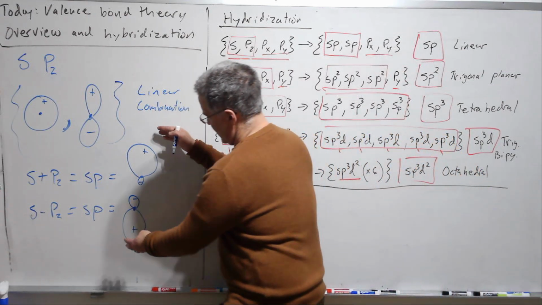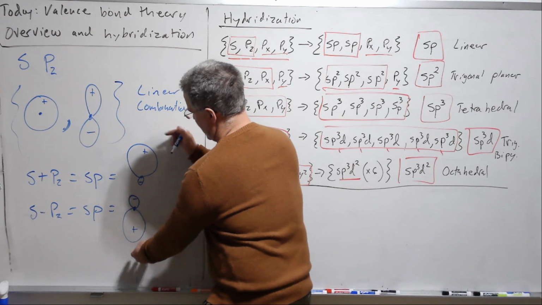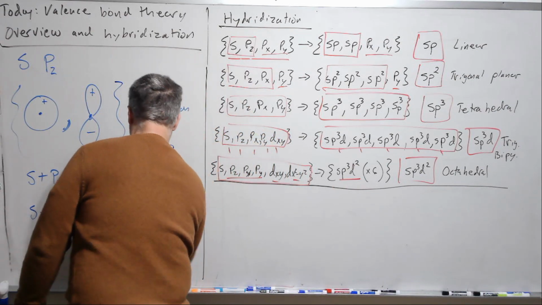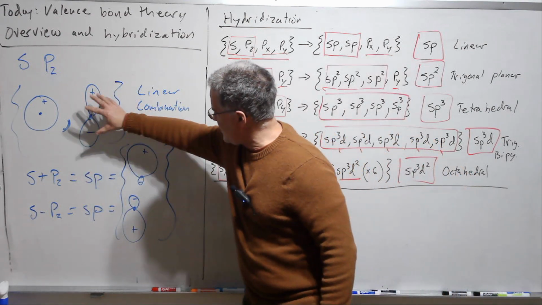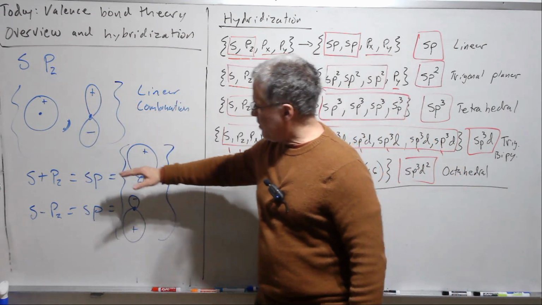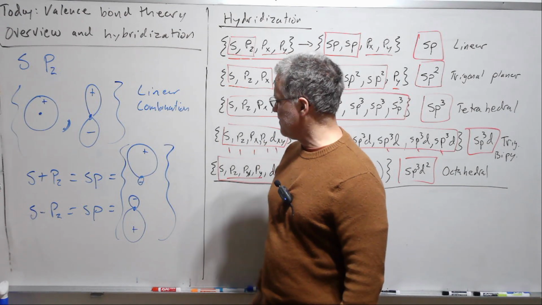Now, this is our new set. Okay, that's our new set of orbitals. So we've gone from these two to these via this positive and negative linear combination.